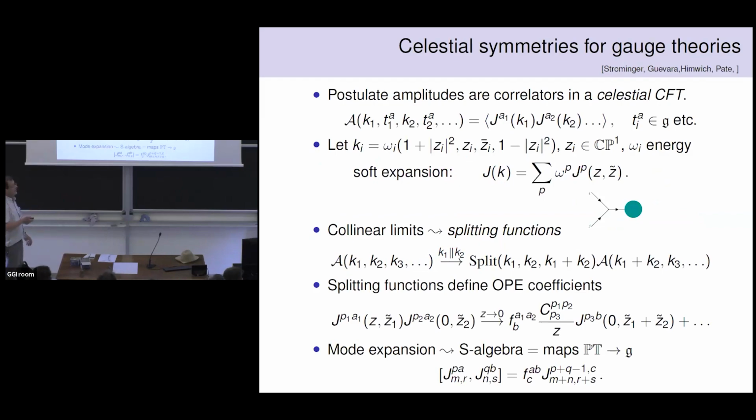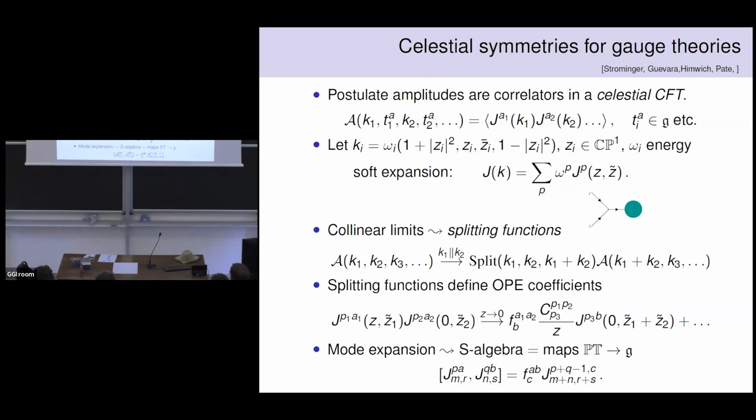Okay, so to review where the celestial symmetries were first seen, this story really comes out of the celestial holography program, whereby you express the hope that you can find a celestial conformal field theory at null infinity, so that a scattering amplitude in the bulk of space-time can be expressed as the correlation function of a bunch of operators in this celestial conformal field theory.